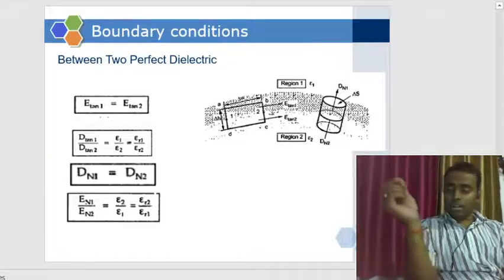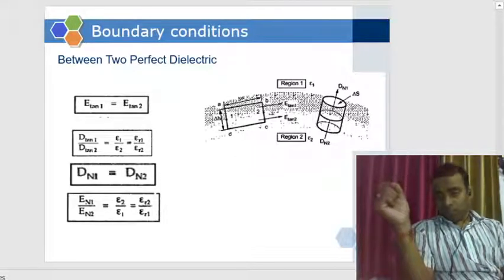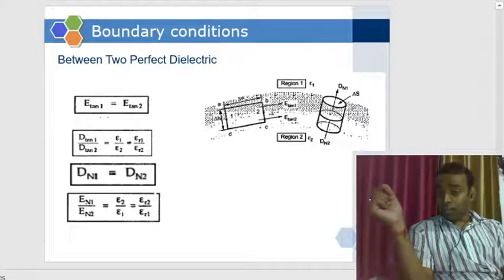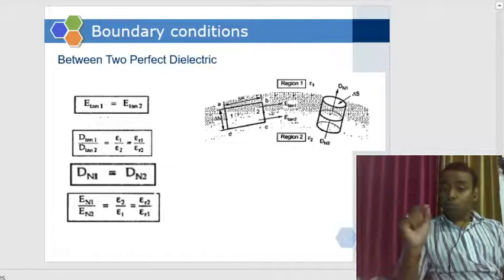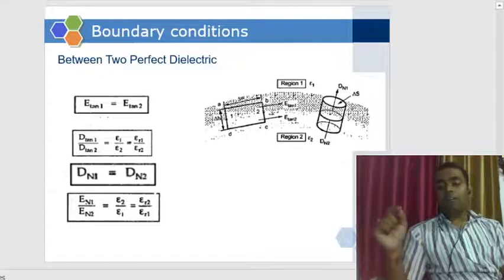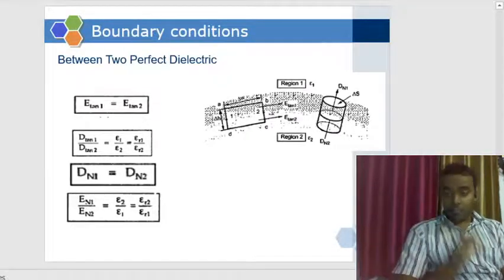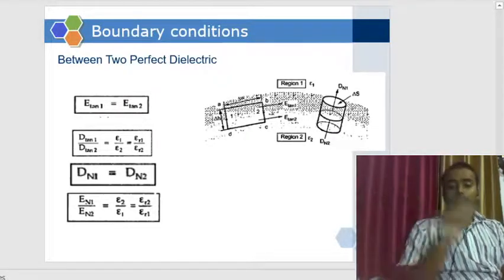So suppose I am having epsilon 1, that will be epsilon naught into epsilon r1, where epsilon naught is absolute permittivity and epsilon r1 is the relative permittivity of the first dielectric.